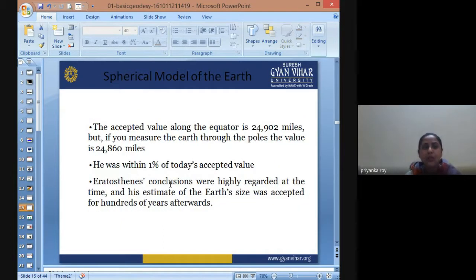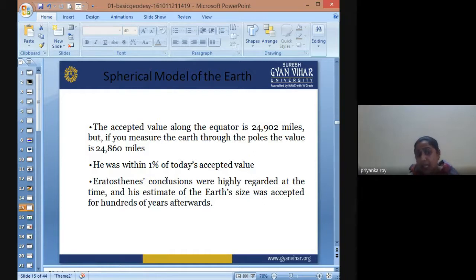With the spherical model of the Earth, the most accepted value along the equator is 24,900 miles. But if you measure the Earth through the poles, along the elliptical, slanting path, it is about 24,860 miles.